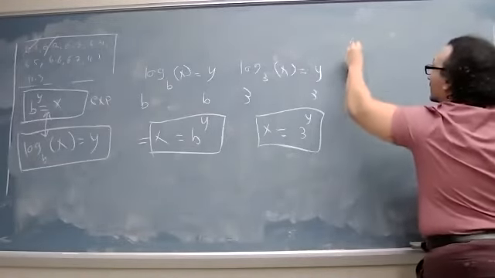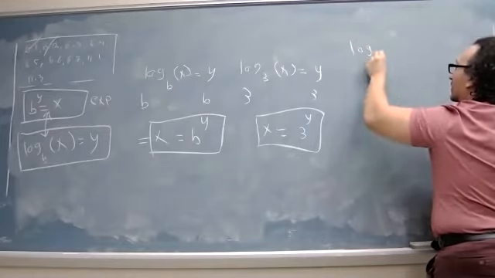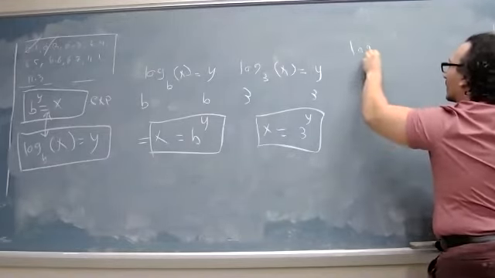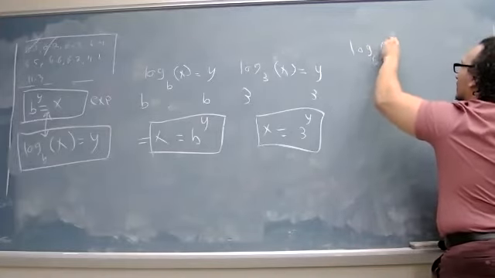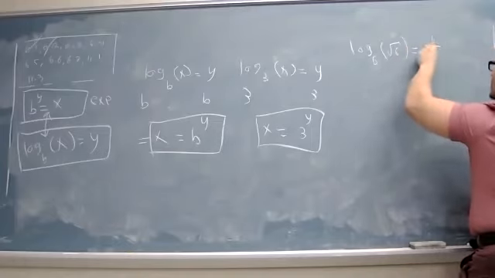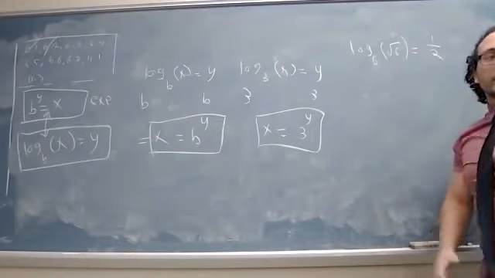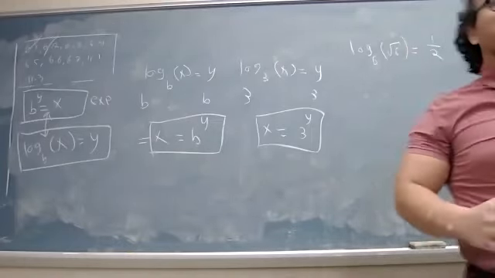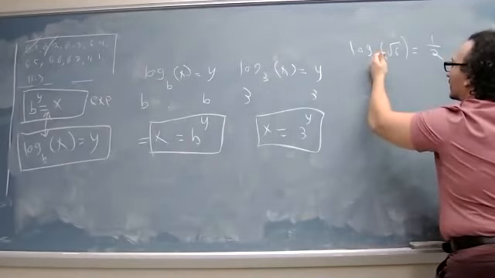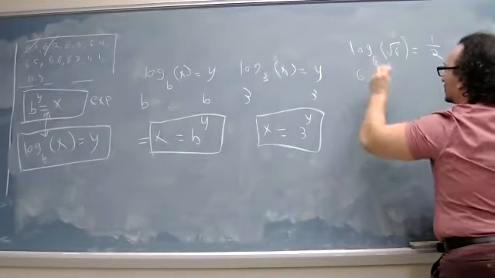So now that I've given you that, what about log base 6 of square root of 6 is equal to 1/2? Well, we want to get rid of this log. It's base 6, so we use the number 6.